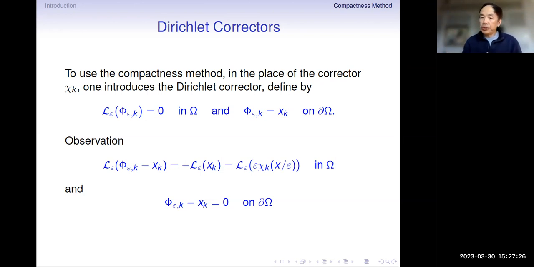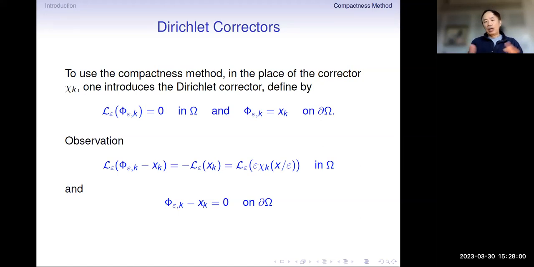So in other words, if you don't correct the boundary, the error introduced by this corrector chi_k builds up on the boundary and eventually blows up the argument. So the right thing to do here is to introduce something called a Dirichlet corrector, which is a solution to the equation with right-hand side 0 and takes the linear function as the boundary data.